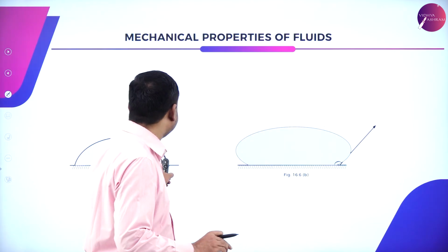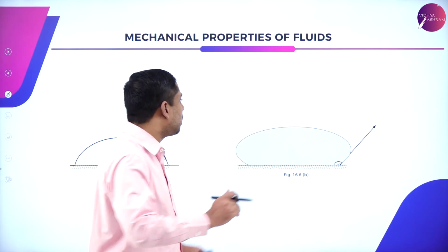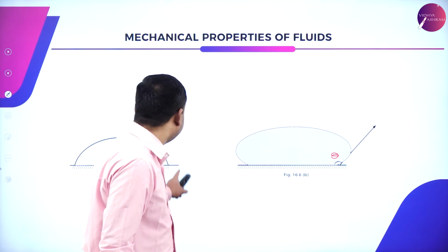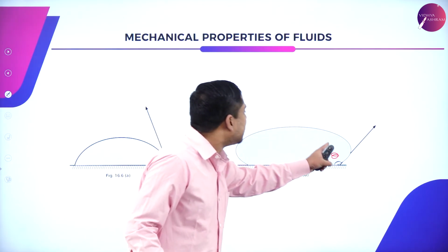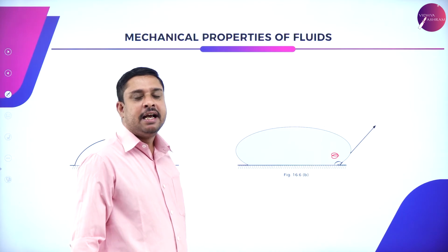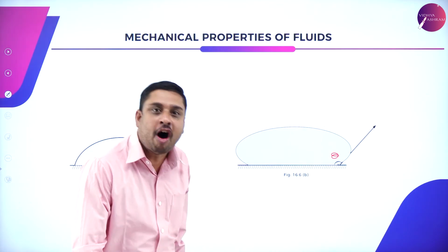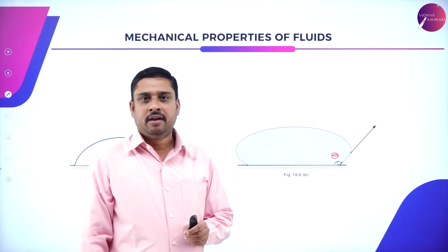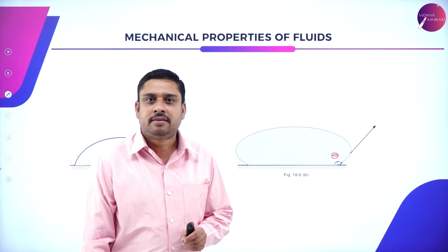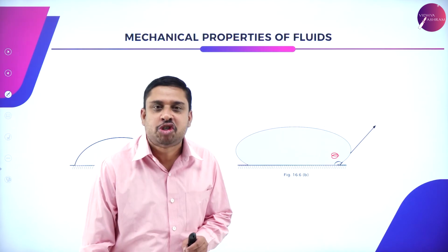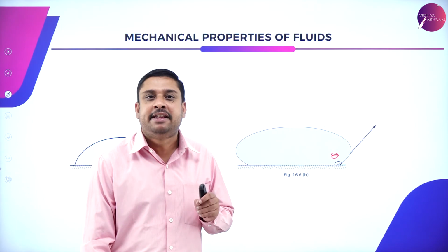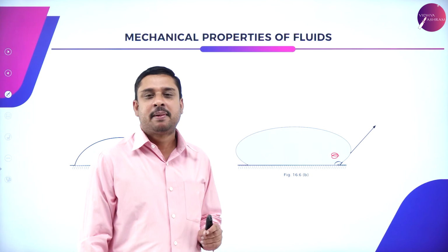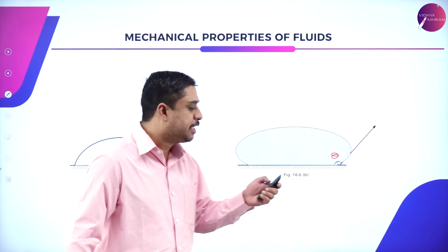As you very clearly see here, in both the cases, there is certain angle defined. The liquid is in contact with solid here, and that is called angle of contact. So what is angle of contact? It is the angle between the tangent and the point where the liquid is in contact with the solid.